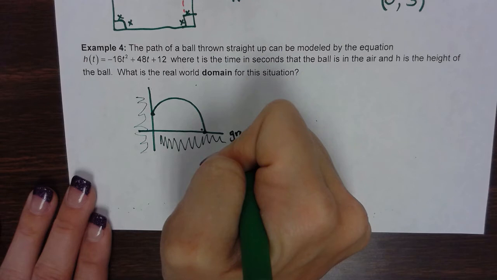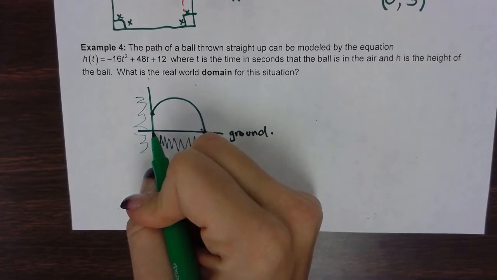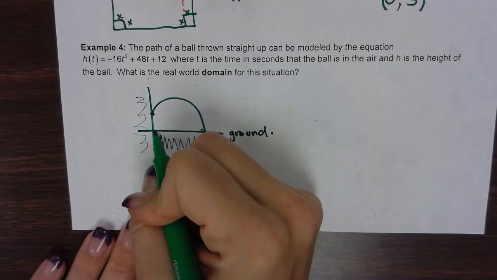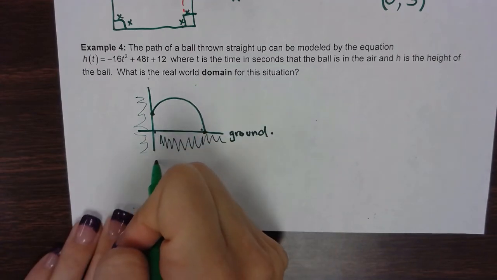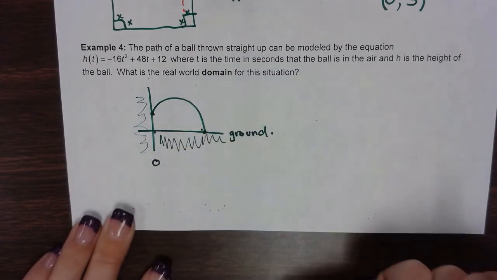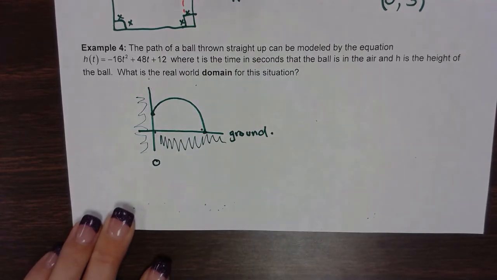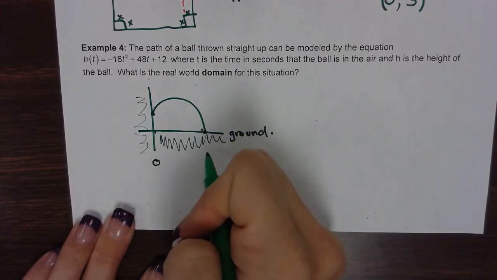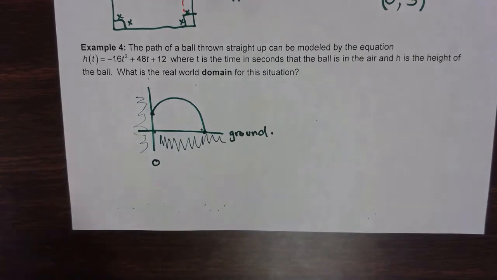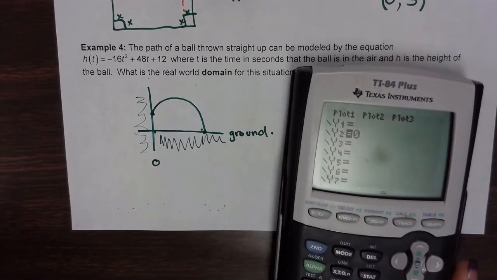Okay, so we're looking at from where time is 0, of course, we know time is 0 because that's where we start. We're going to find out where the ball hits the ground. So go back to your calculator.